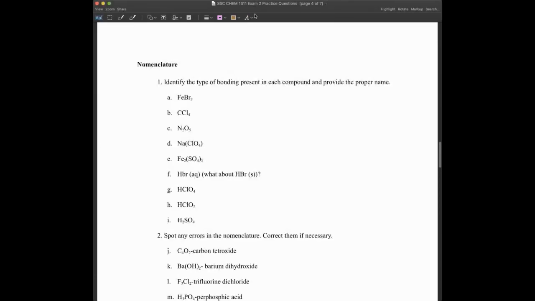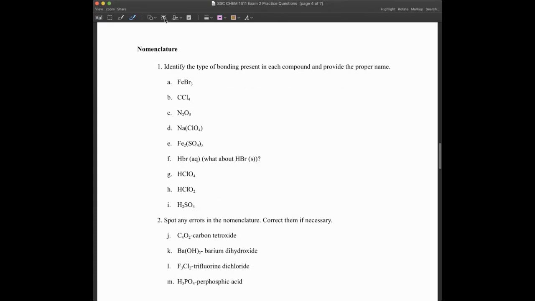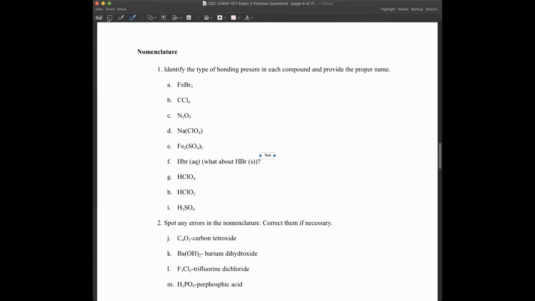So on our test, what I like to do when I tackle nomenclature problems is to identify first what type of compound it is. So what's the difference between ionic compounds and covalent compounds? Yeah, so ionic is transfer while covalent is sharing.